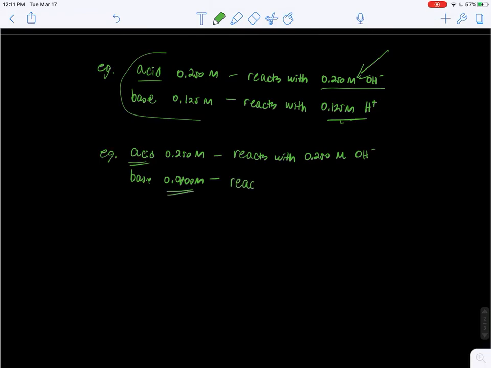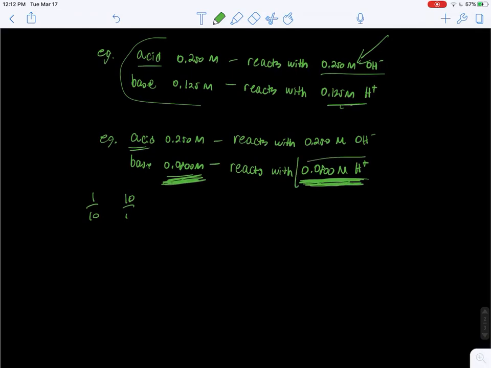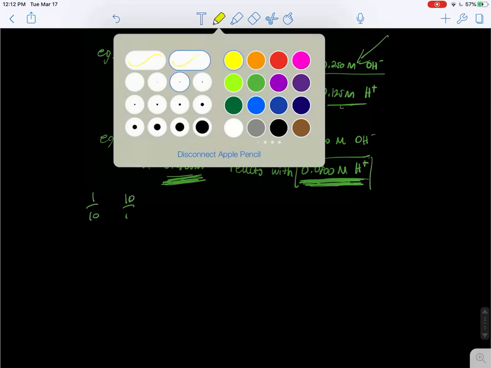This can react with 0.0800 molar H+. Now, I'm assuming that all of this reacts. If you really wanted to be technical about it, you could figure out 9/10 of that or whatever, because it's going to be 1/10 or 10-to-1 ratio. But I'm just assuming it all reacts to give you an idea of the buffering capacity. Okay, it would technically be less than this amount of hydrogen ions, but that's what I'm just guesstimating and estimating here, and that's what you should do in your try it now problem.